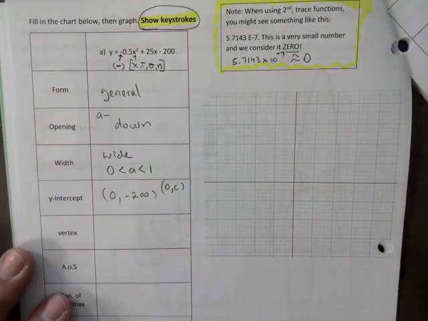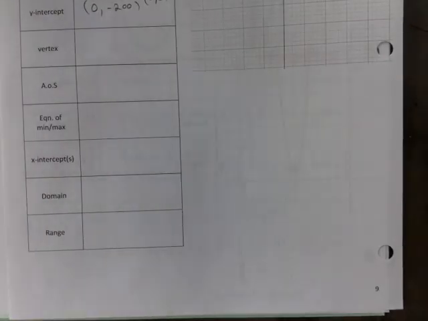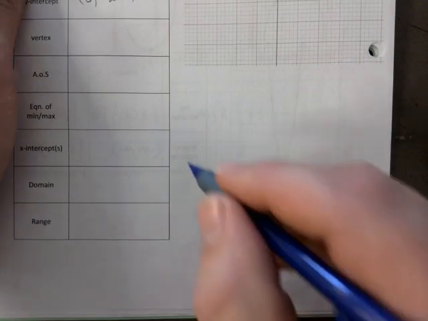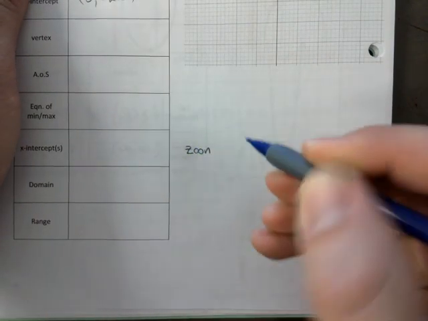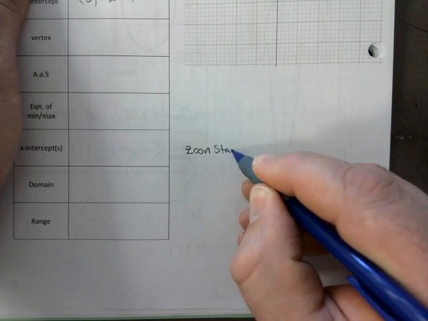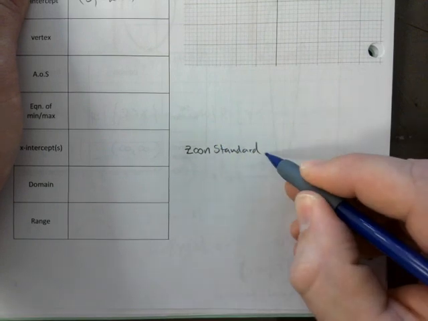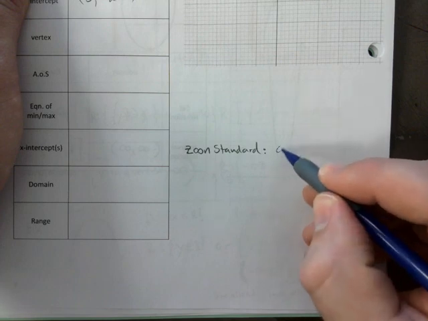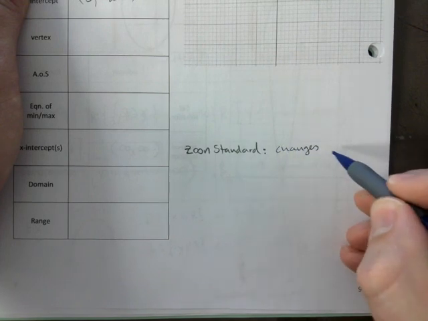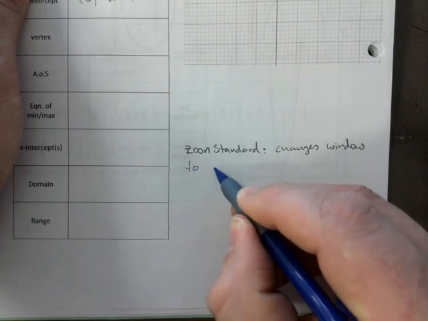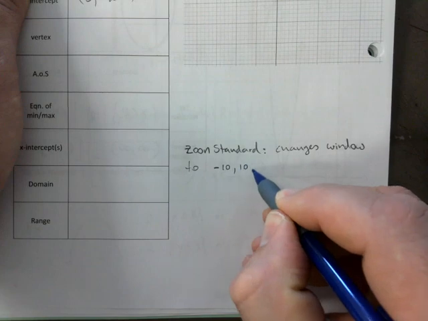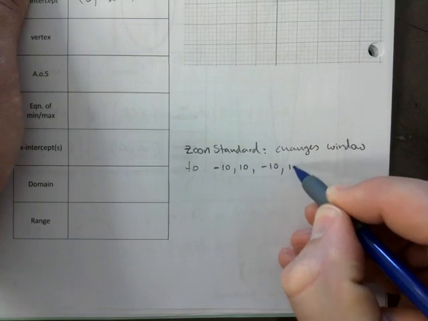I'm going to write that down here. Go to the bottom of this graph. And I'm going to say zoom standard changes the window to negative 10, 10, and negative 10, 10.